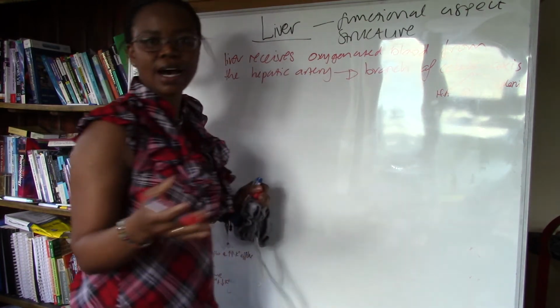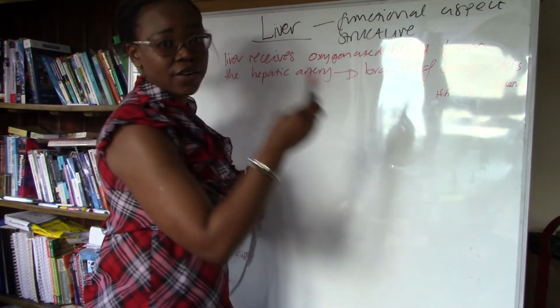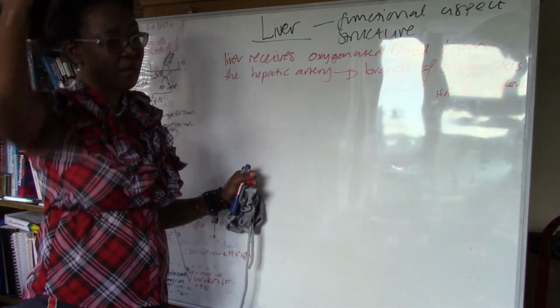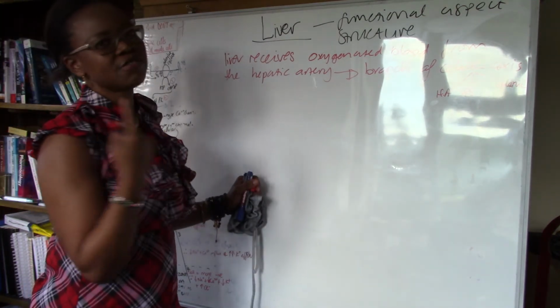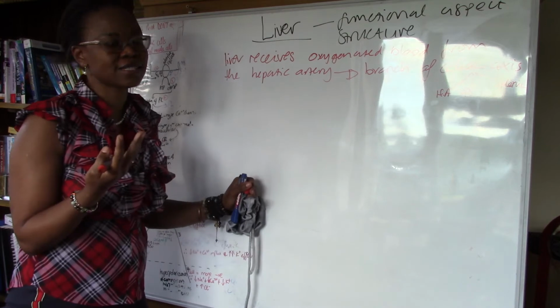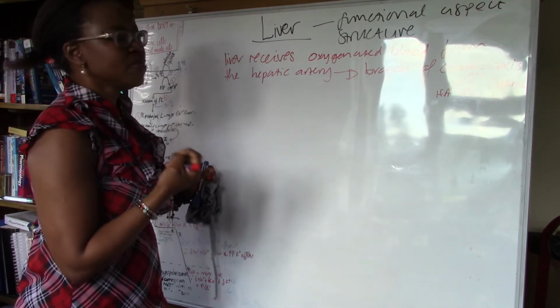And obviously sometimes the hepatic artery can be an aberrant artery, and it can arise from the SMA, and that has surgical implications.